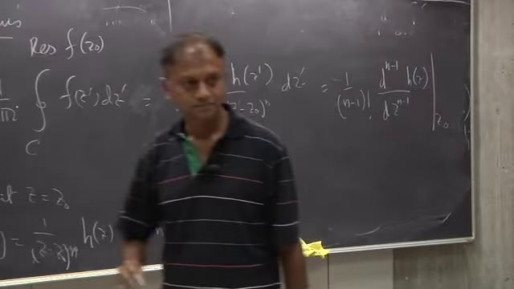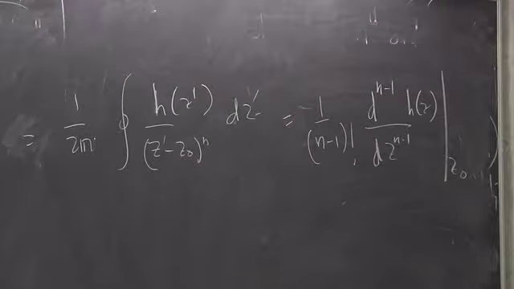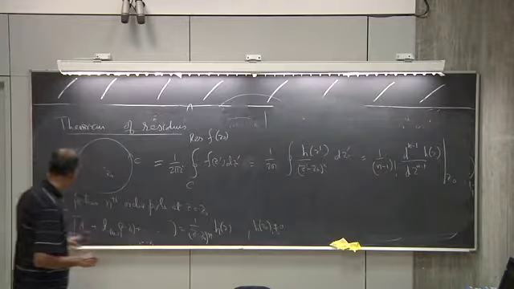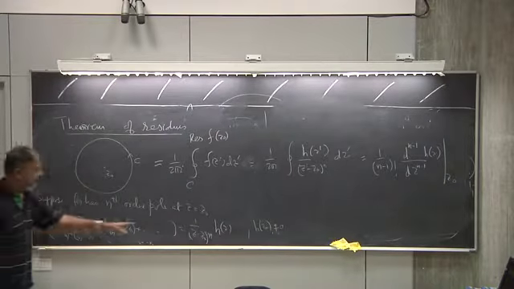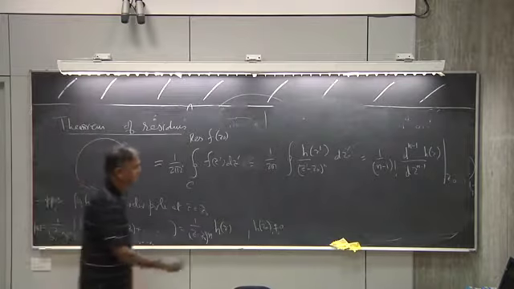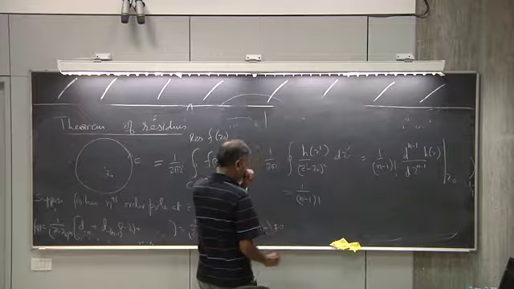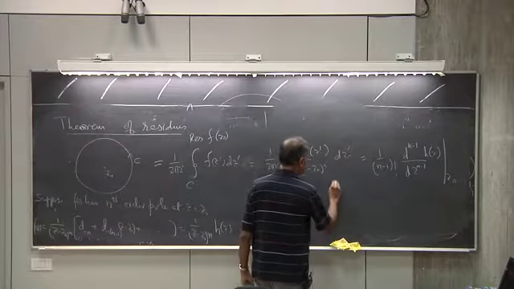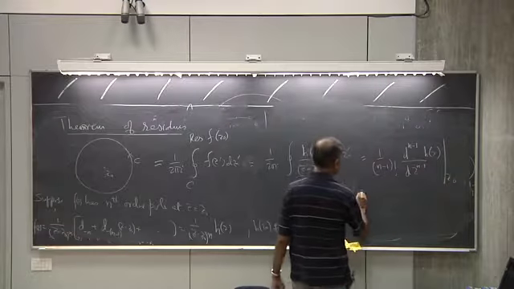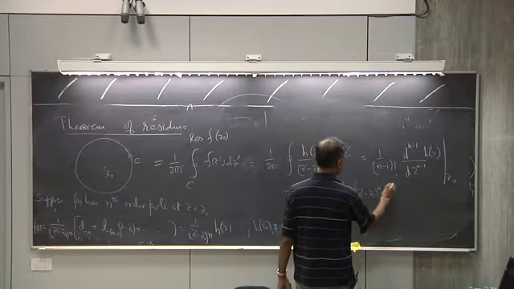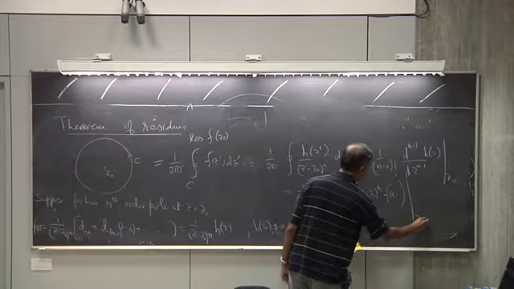Remembering the relation between h and f, this is the same as 1 over factorial n minus 1 times d to the n minus 1 over dz to the n minus 1 of z minus z0 to the power of n times f of z, evaluated at z equal to z0.